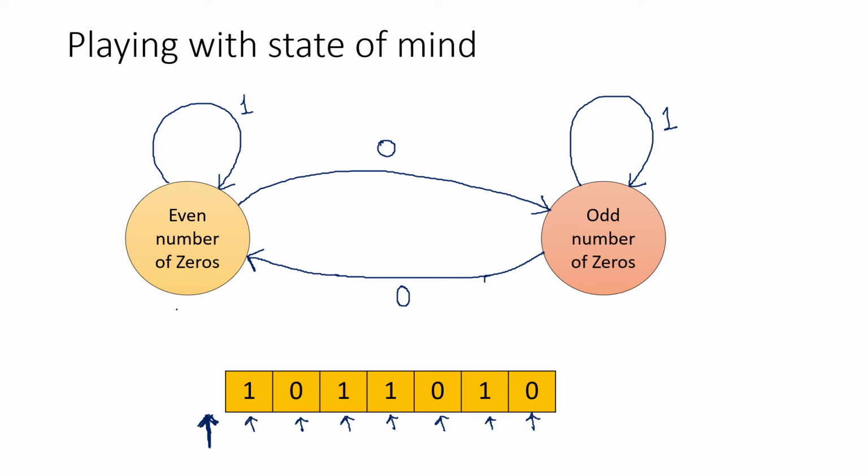What will change? Since I've changed the requirement from even to odd, the final state will change.